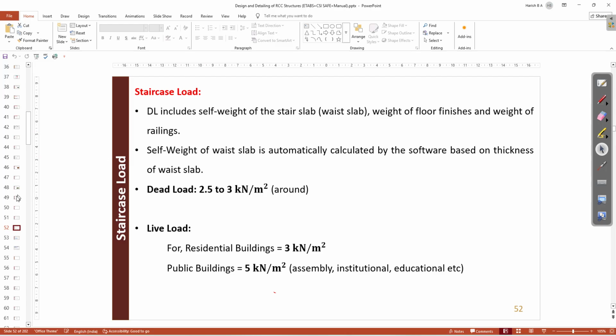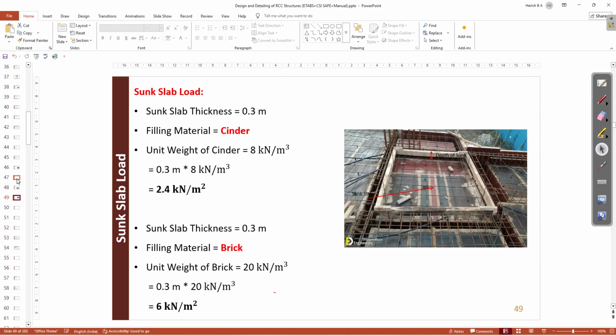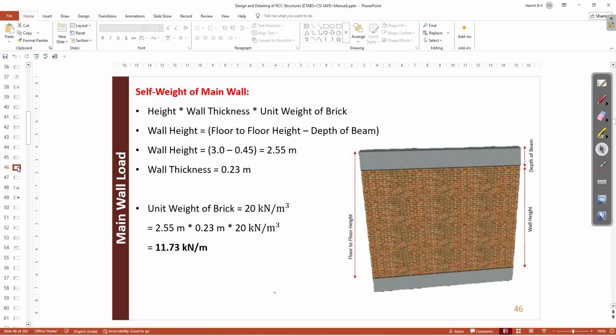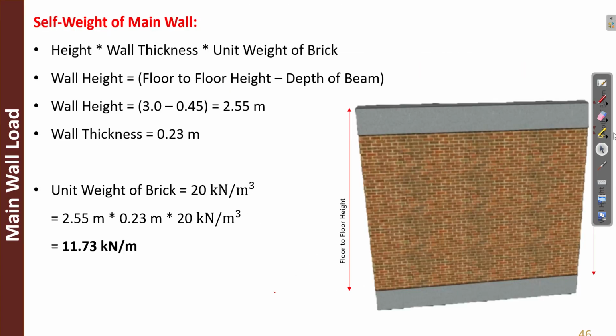Here I have demonstrated an example. See here. So this is for example. If you are designing a building, there you may use a 600 depth beam.